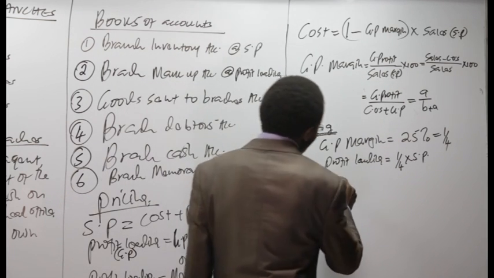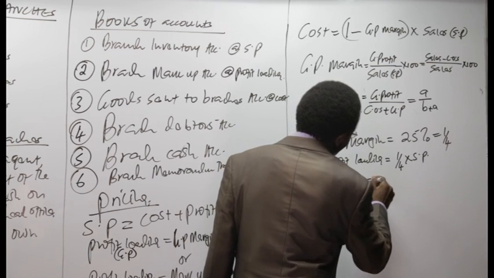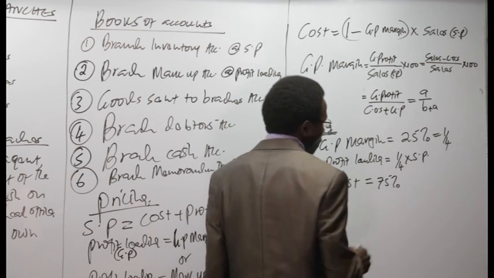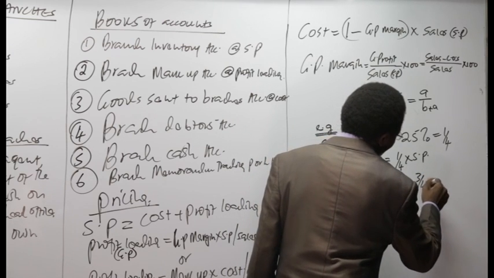Then you need to remember the costs. The cost of sales is 75%, which is the same as 3 over 4.